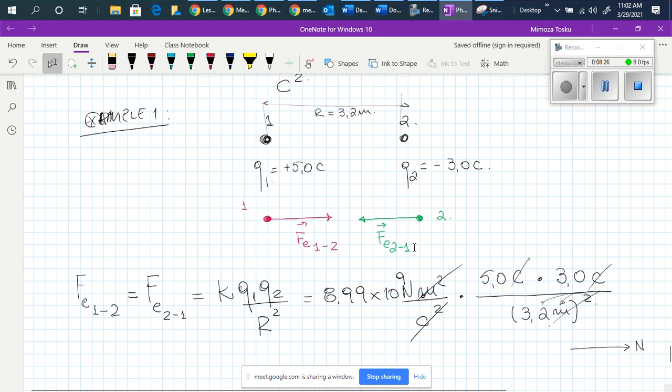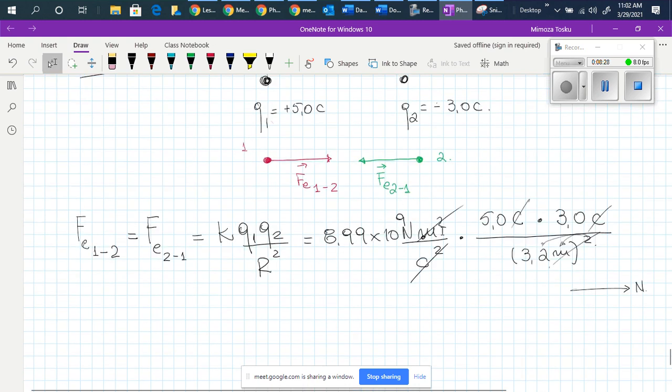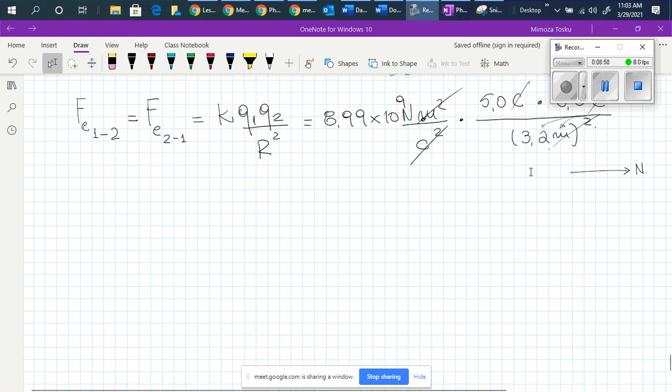And now in your calculator you will find 8.99 times 10 to the power of 9 times 5 times 3 divided by 3.2 squared will be the electrostatic force that the two charges are experiencing between each other. And the direction will be defined by the general law of charges, that like charges repel and opposite charges attract.